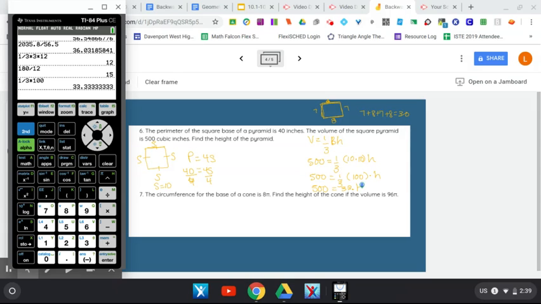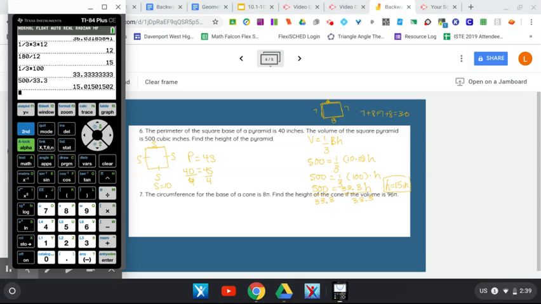So 33.3 H. So now we'll divide by 33.3. So 500 divided by 33.3 will give you a height of 15. And your units are inches.